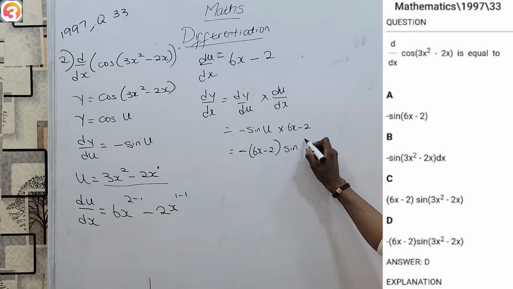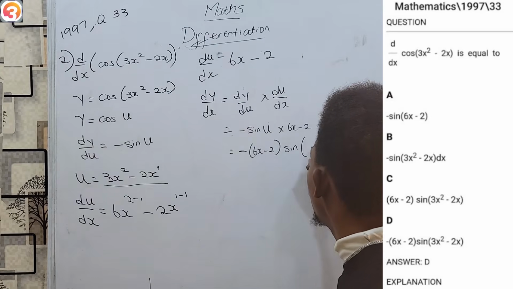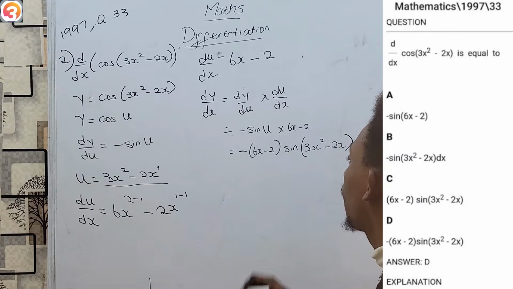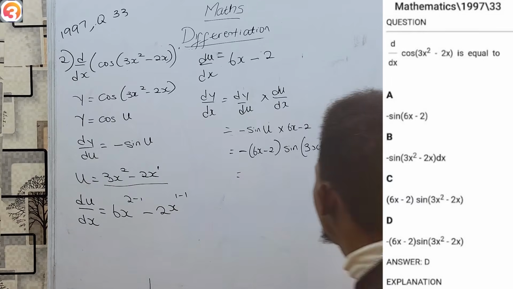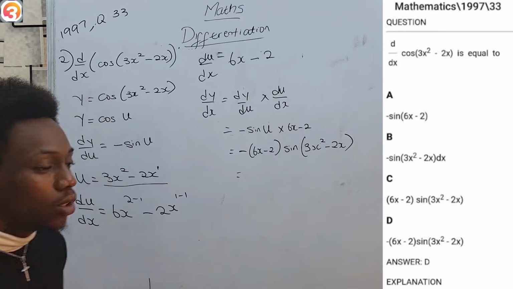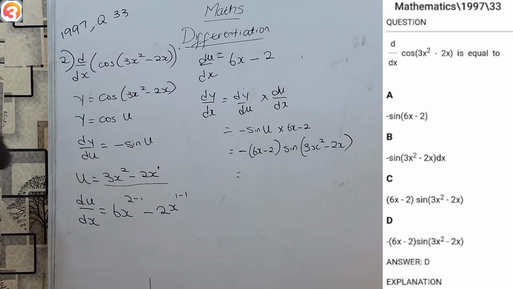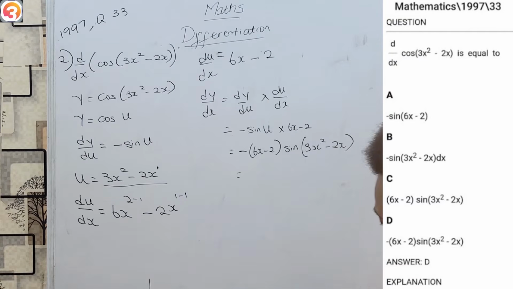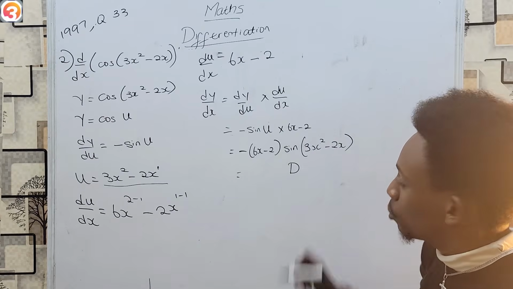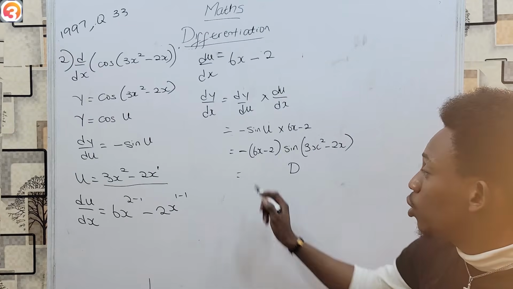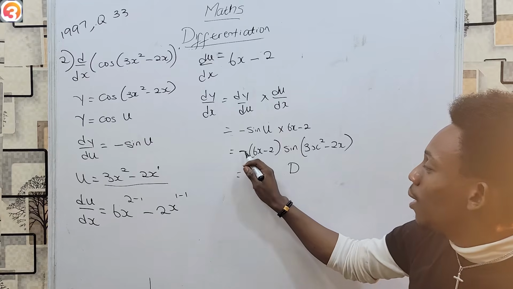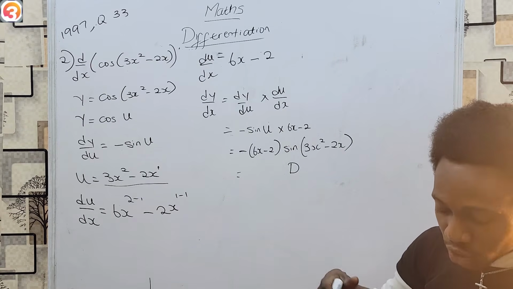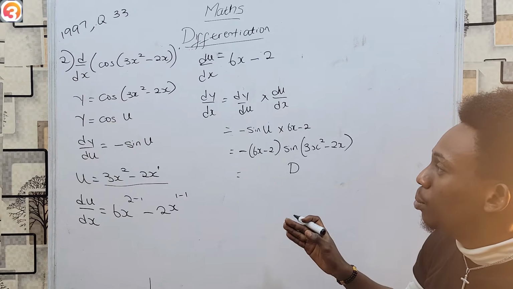Rather than writing u again, I'm going to bring back u in its original form, which is 3x² − 2x. Then let's check our options. Quite clearly, this is my option D. The reason we checked was because they could have decided to open this bracket, but because in my options the bracket was left like that, I stop here.